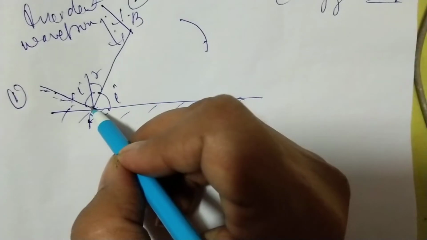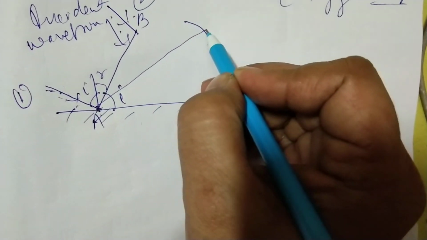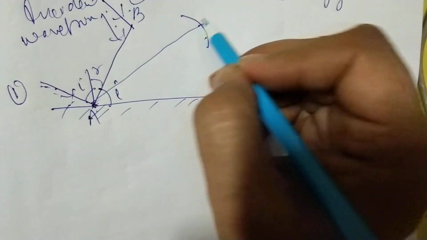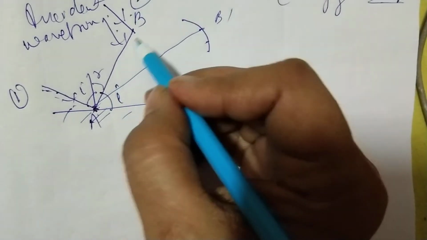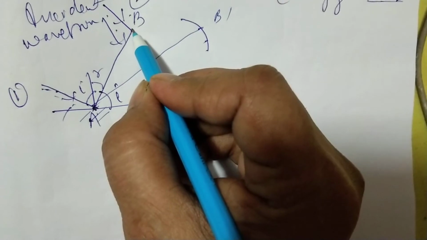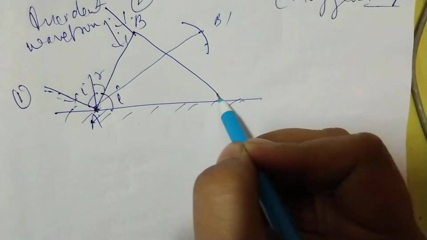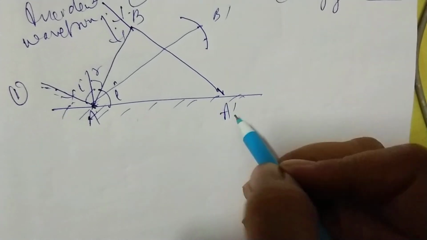By the time it just starts from here and reaches this place, we have taken as B dash. In that time this ray falls from here to this particular point, let us assume it is falling at this point we have taken as A dash.